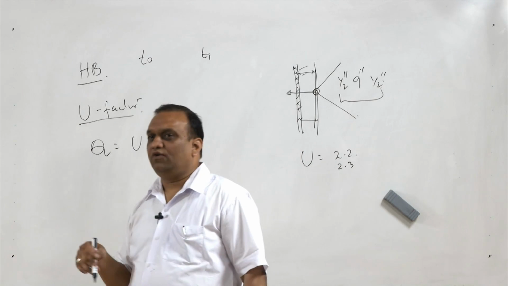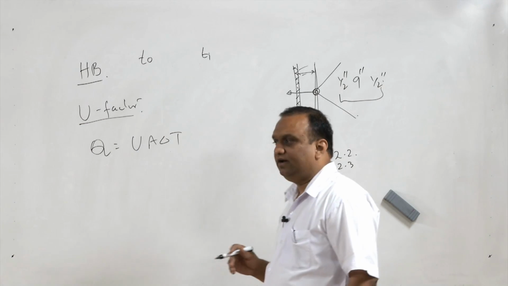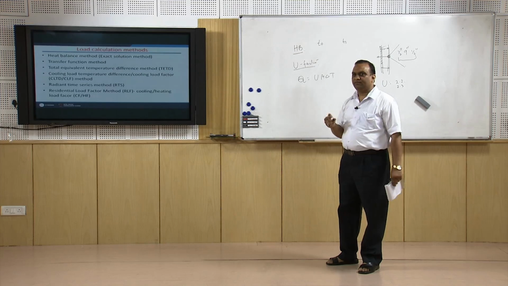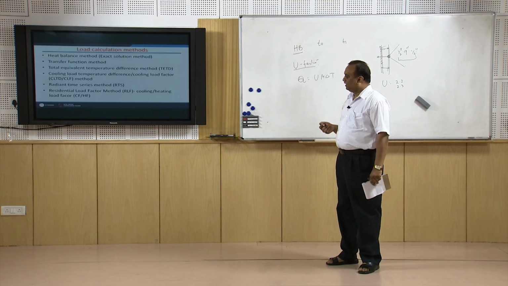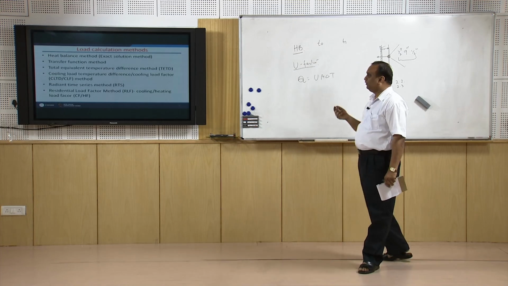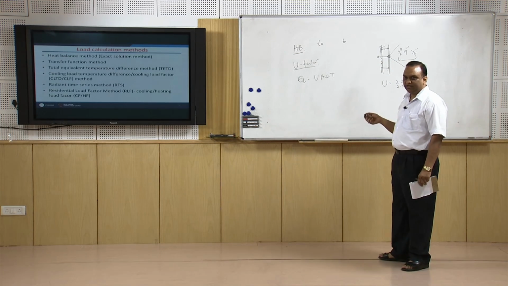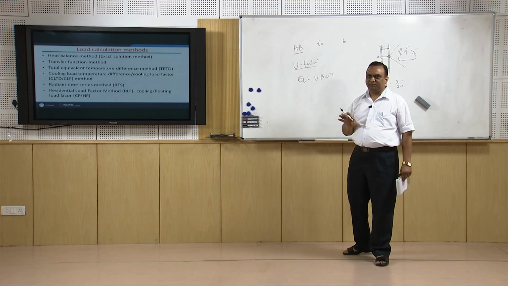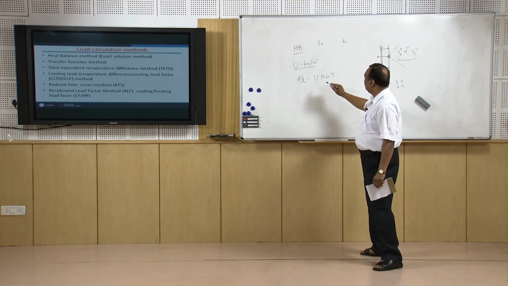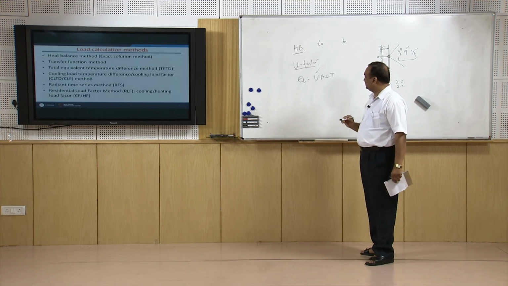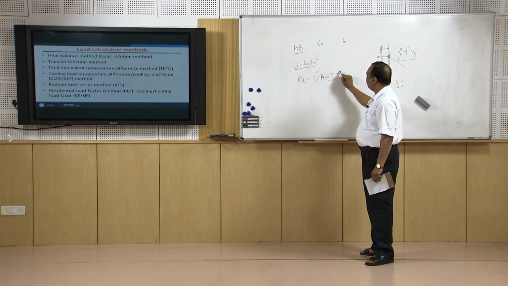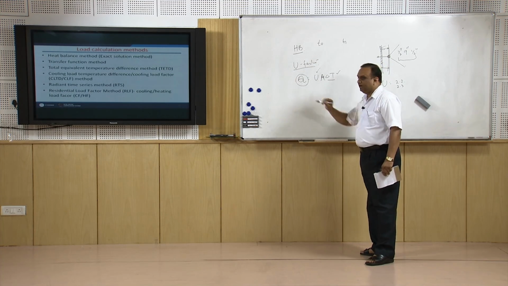Tables of U factors are available in air conditioning because you are not expected to calculate everything. If you refer to the data book or the Handbook of Fundamentals, you will find that tables are given for everything. So you will get U values from those tables; the area of the wall of the building and the temperature difference will give the heat transfer.